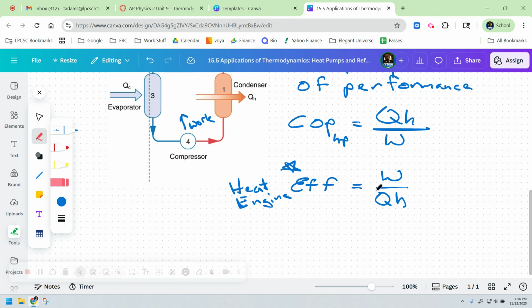So what that means is there's a mathematical relationship: this could be written as 1 over the efficiency of the heat engine, lowercase h, e.